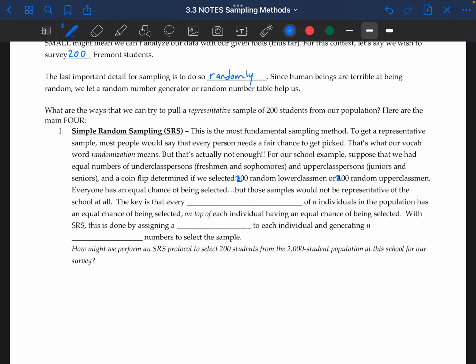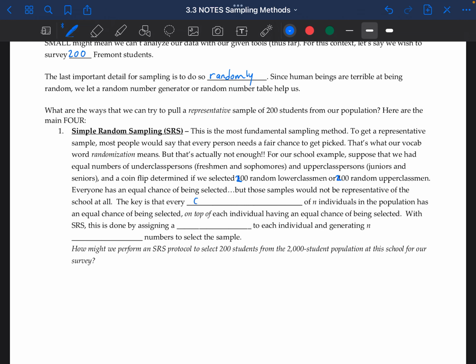That's not quite fair, right? We wouldn't get a representative sample. Polling 14-year-olds is different than polling 18-year-olds. So even though it gives everybody an equal chance, it is not quite what a simple random sample means.